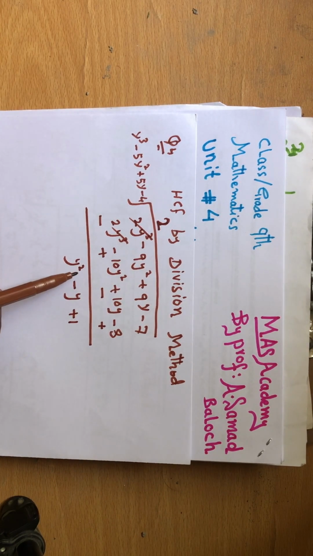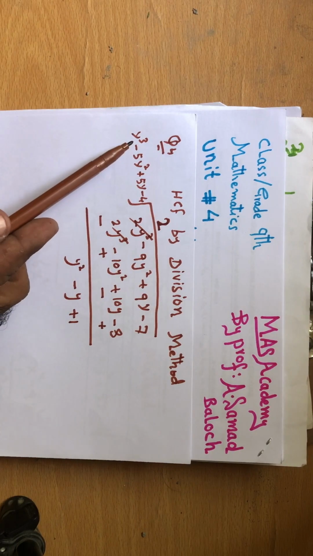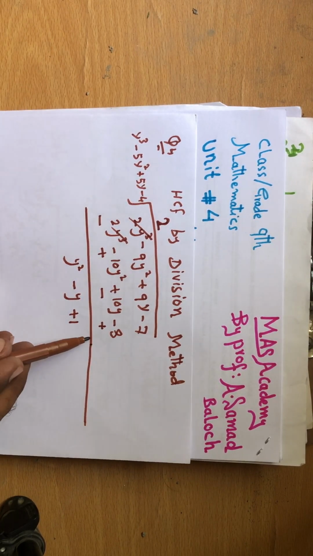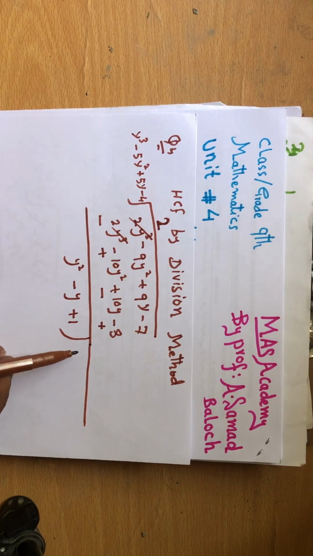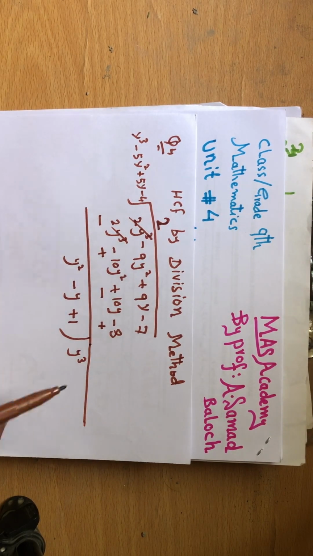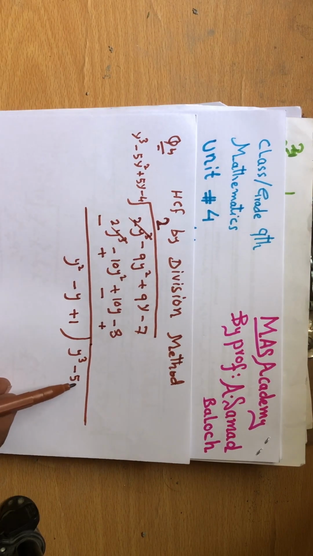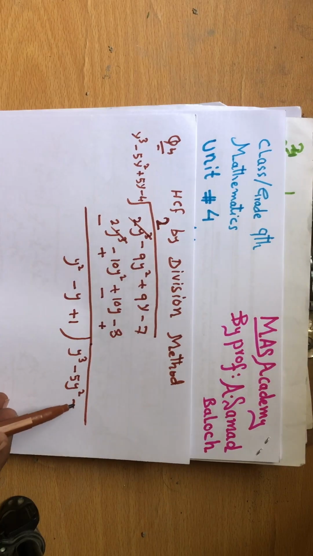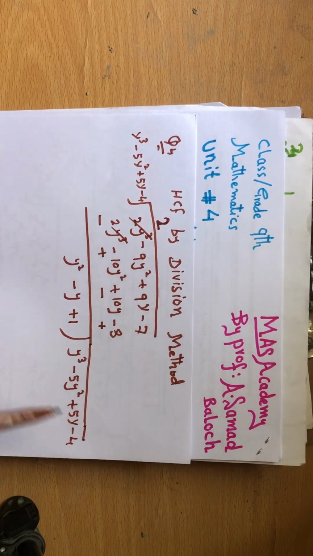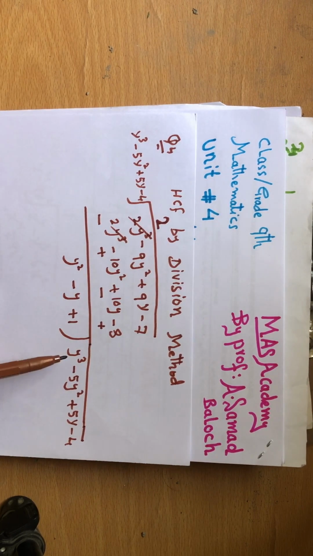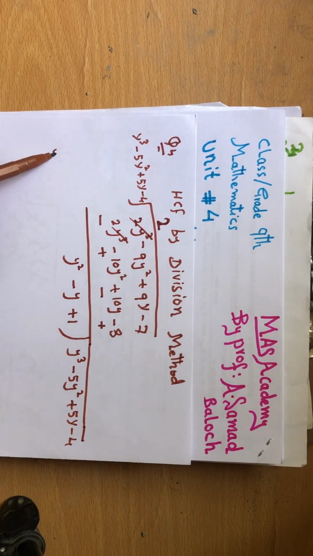This is the remainder, and now we see our highest power is 2 here. That's why we are going to make the divisor our second dividend, because the divisor expression's power is higher. Now we are writing the divisor as a dividend, that is y cube minus 5y square plus 5y minus 4, and the divisor we already have, y square minus y plus 1. Now see how many times to multiply y square to get y cube. That is very easy.